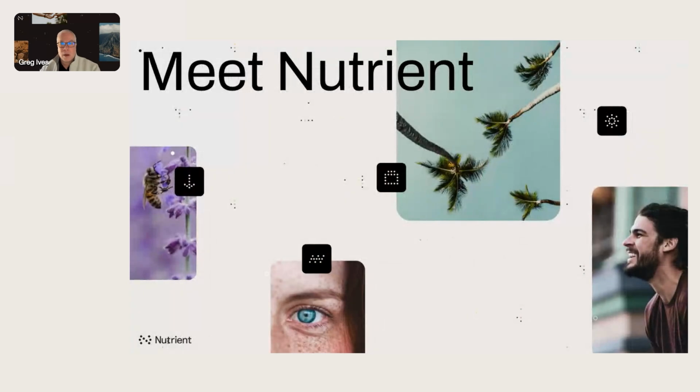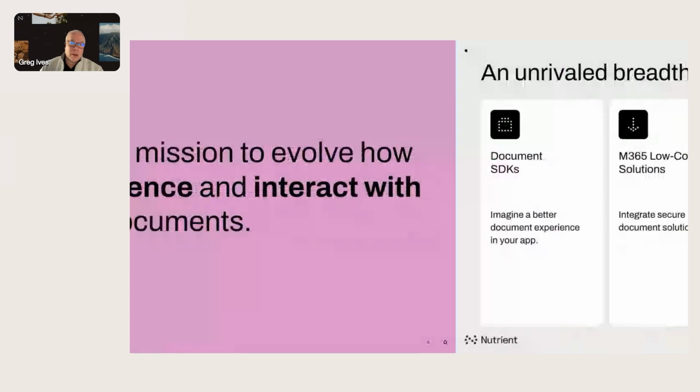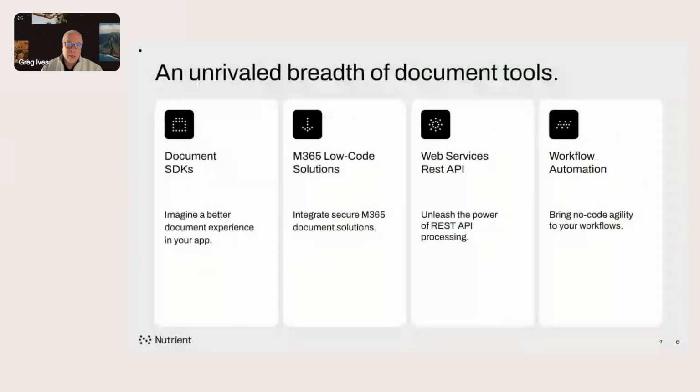All right, so to kick things off, you're likely aware that we made a major announcement recently with a complete company rebrand. Whether you knew us before as PSPDFKit, Mahimbi, Orpolis, Aquaforce, or even Integrify, we are now Nutrient. Same company with all the same technology, just rebranded under a single banner with a single mission. And that mission is to evolve how humans experience and interact with documents. With the rebrand, we now have an unrivaled suite of document solutions all under one roof.